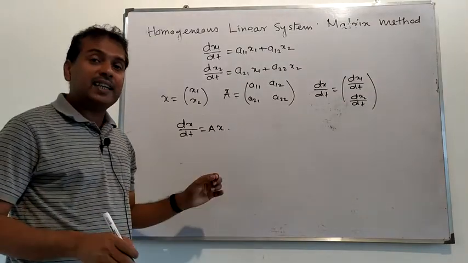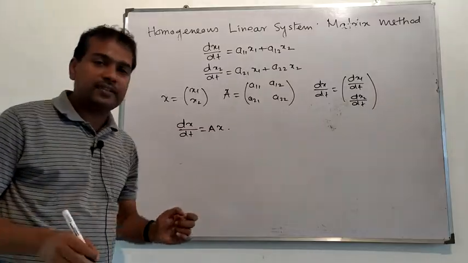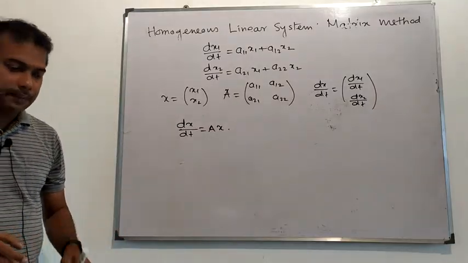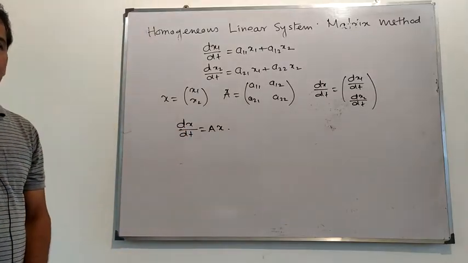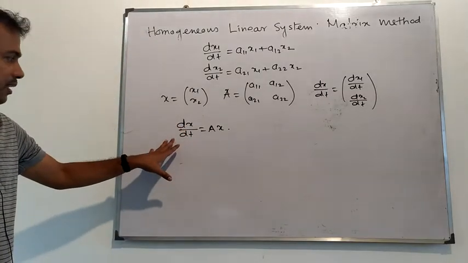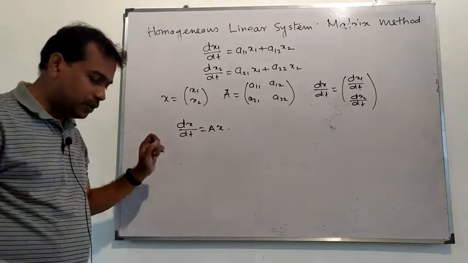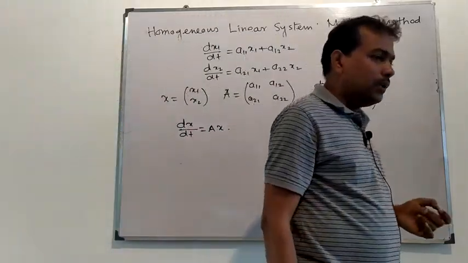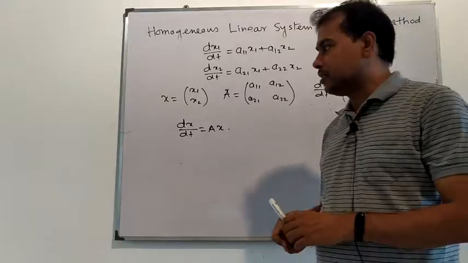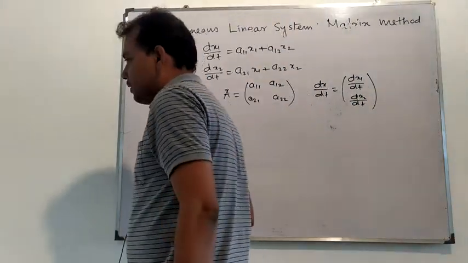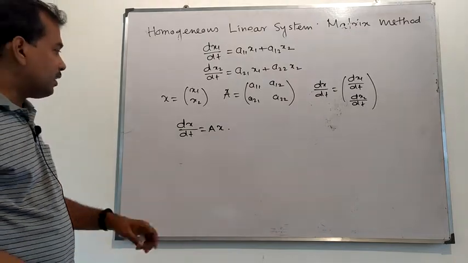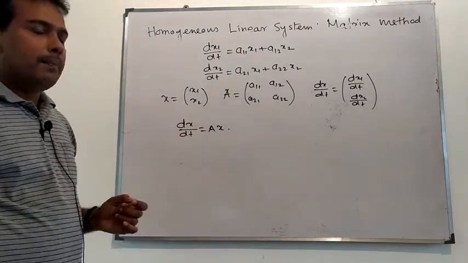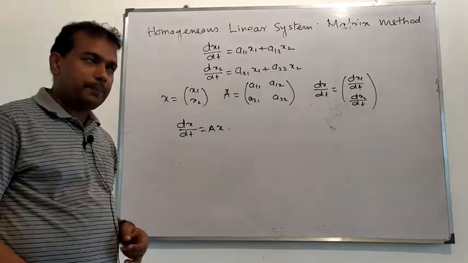If capital A is a constant and x is a single variable function of t, then we know x equal to e to the power mt is a trial solution. Taking e to the power mt as a trial solution, we find m, and using this value of m we get a solution of this equation. Here, instead of a constant, A is a matrix and x is a vector.